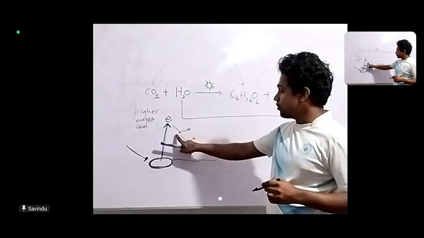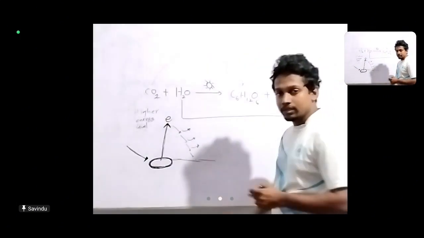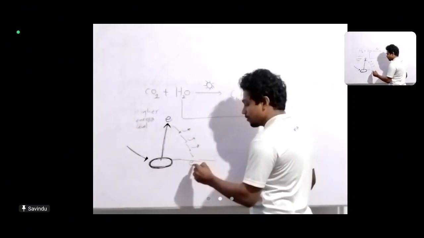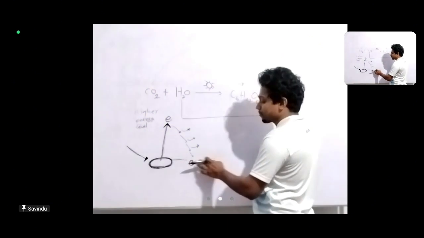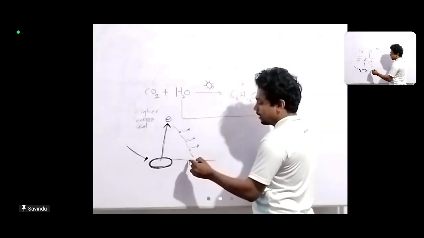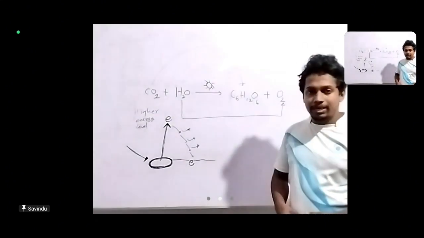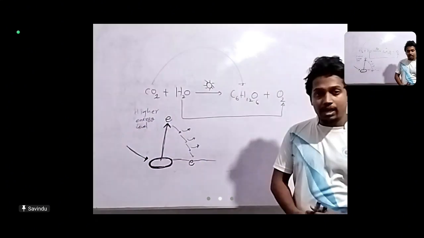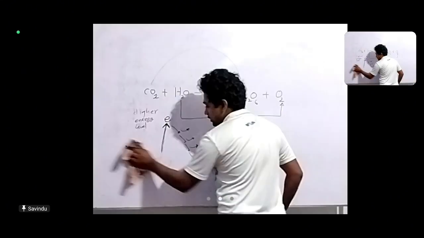It goes through various electron receptors, and finally comes back to the original energy level. So this is the basic principle which needs to be understood when we are learning about photosynthesis.